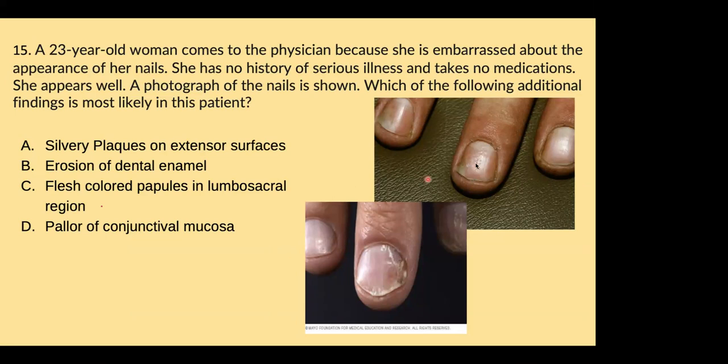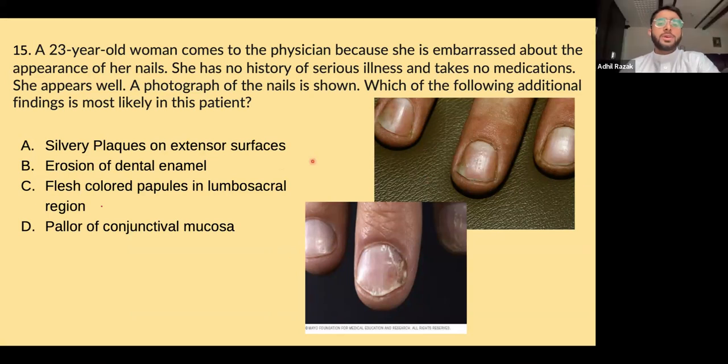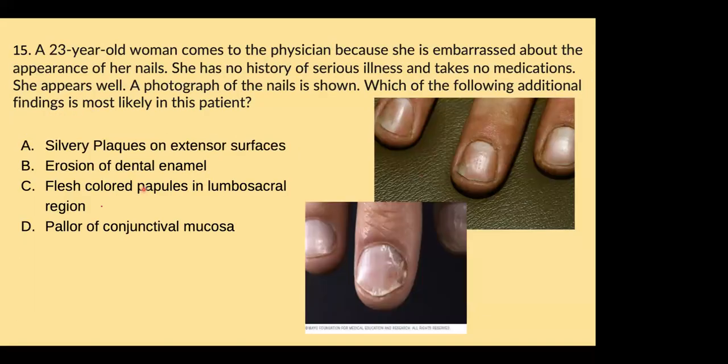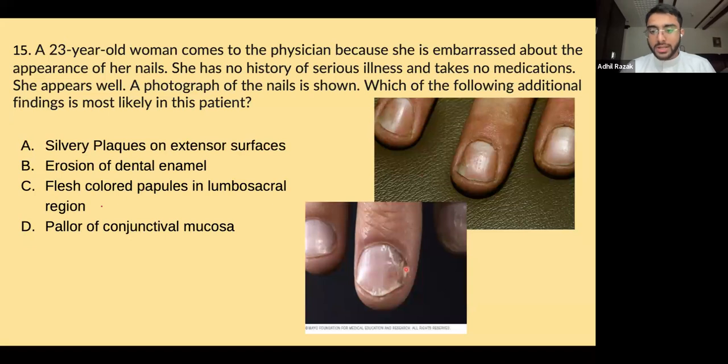So the slide that you showed before, it would be on the extensor surfaces. Yep. So yeah, it is silvery plaques on extensor surfaces. It is psoriasis, and the picture shown here is onycholysis. Onycholysis is the one below, where the nails start getting removed from the skin.